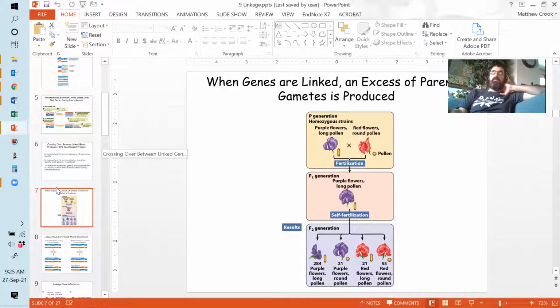So another way of thinking about this, an old-fashioned way of talking about linkage, is that if 2 genes are linked, you find alleles traveling together.